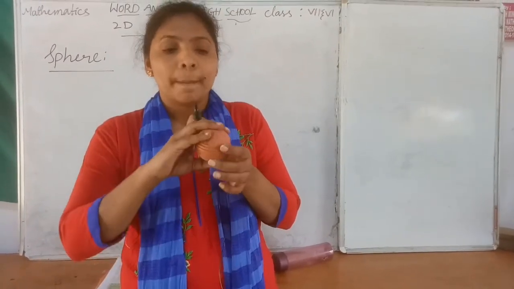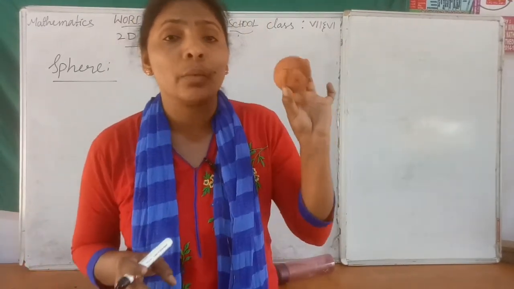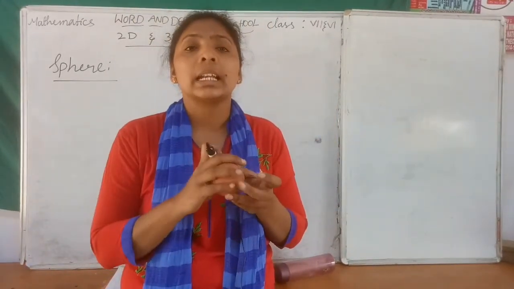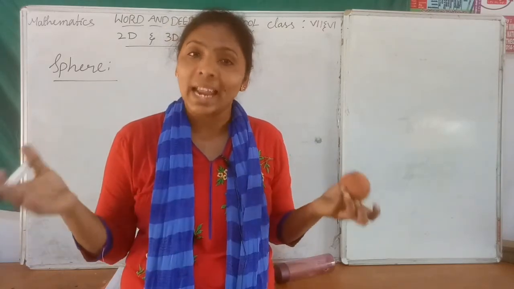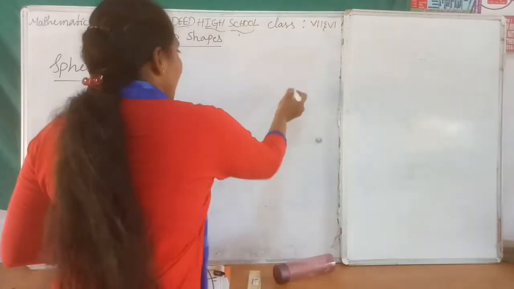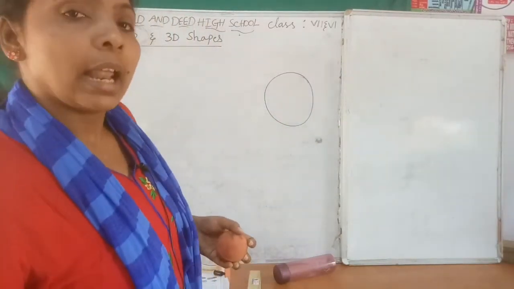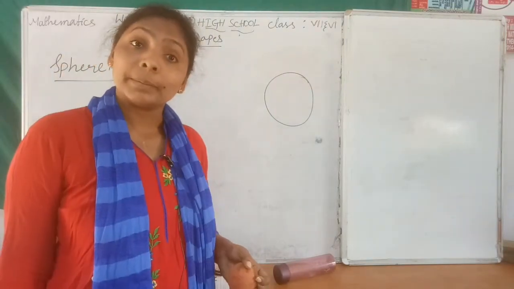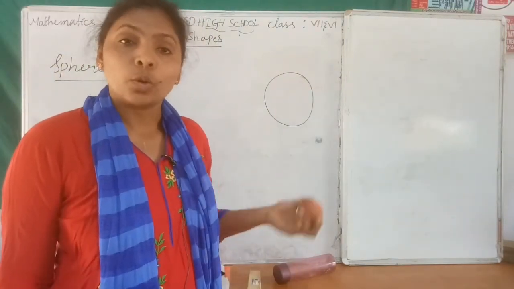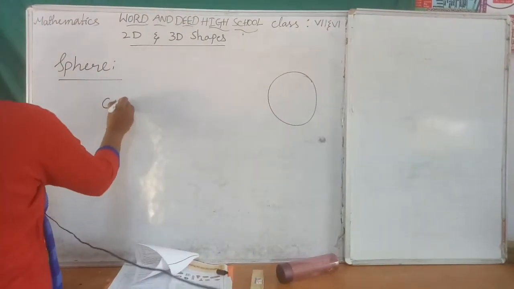That is the only quality it has. There are no vertices, no faces, no edges. What are the examples, children? Suppose lemon, laddu, like this. So many examples we can say. So, circular path.